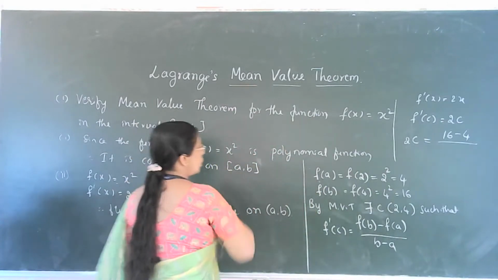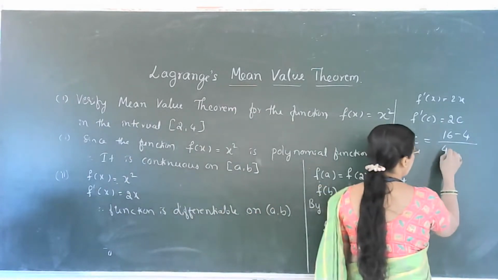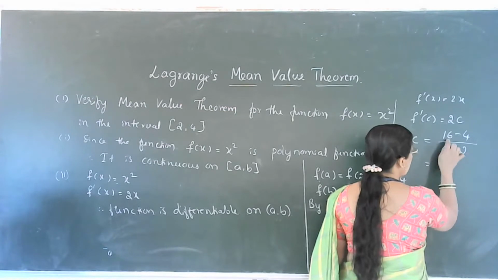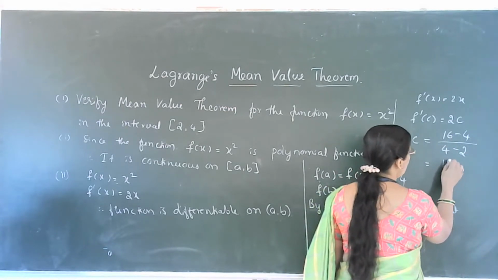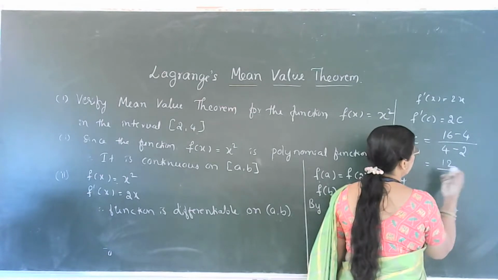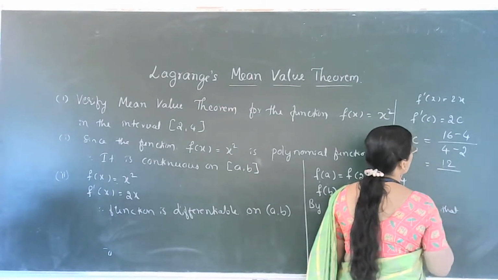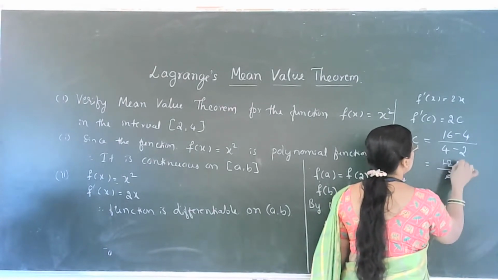Here b is 4 and a is 2. Therefore 16 minus 4 is equal to 12, and 4 minus 2 is 2.